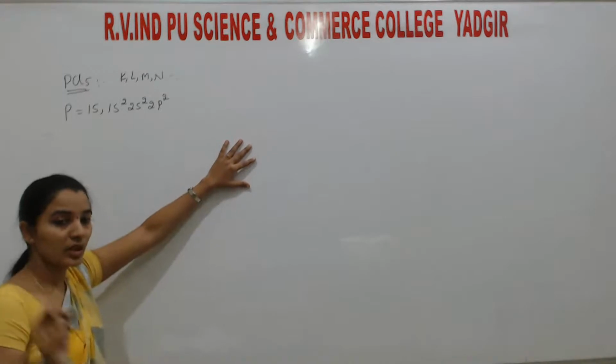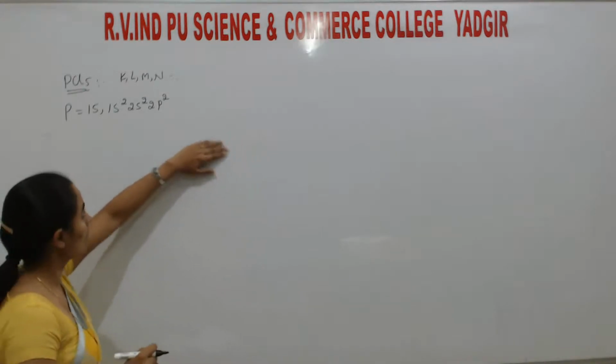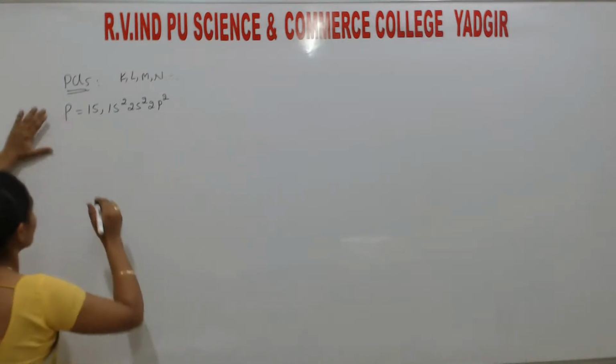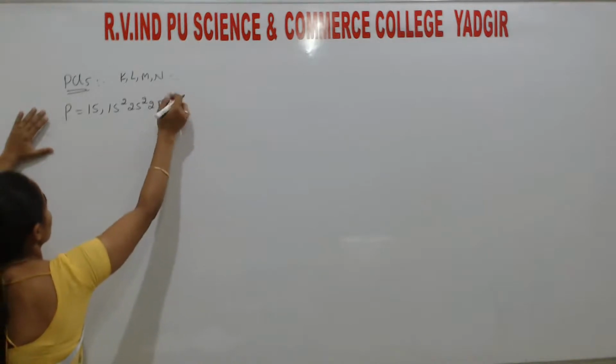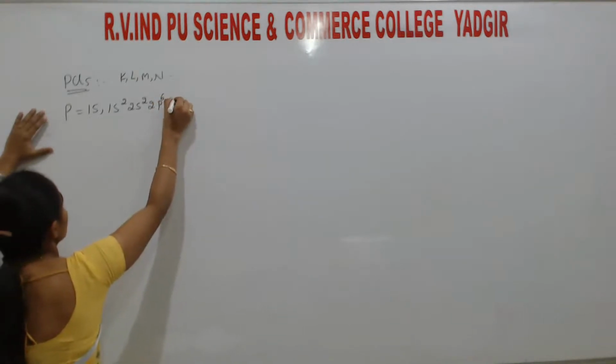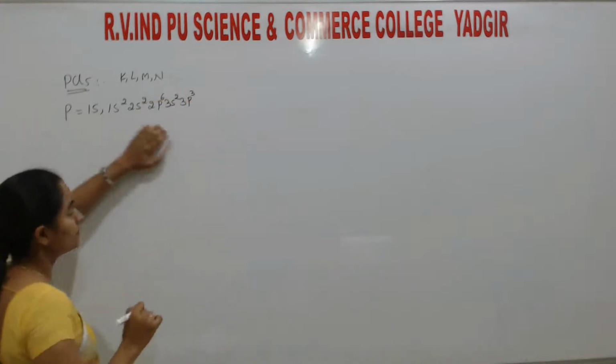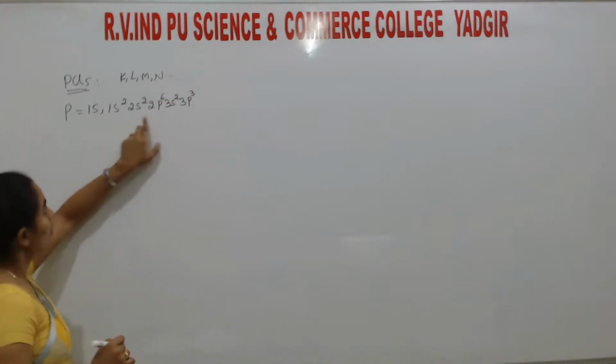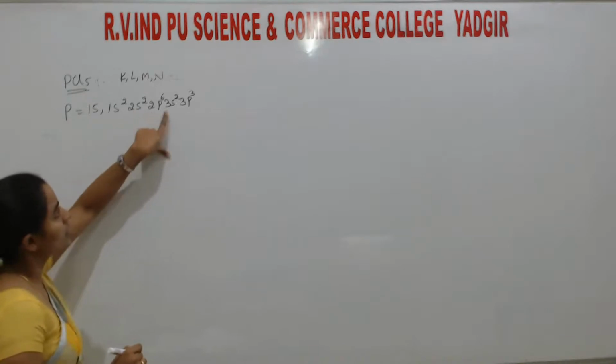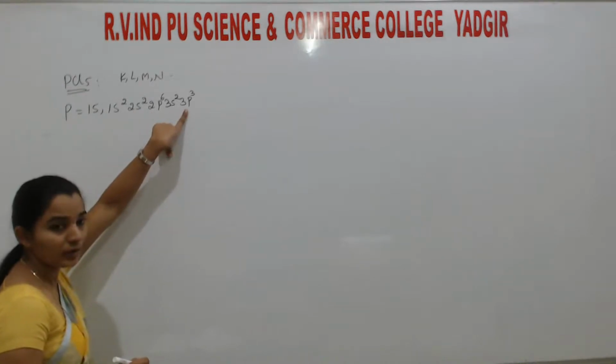The configuration is 1s2, 2s2, 2p6, 3s2, 3p3.